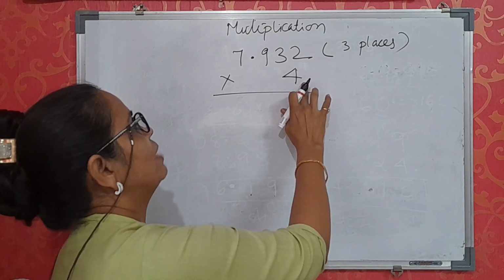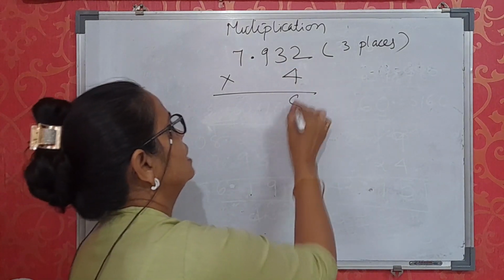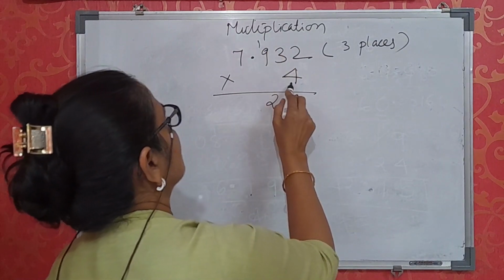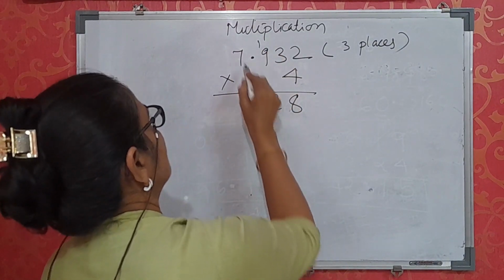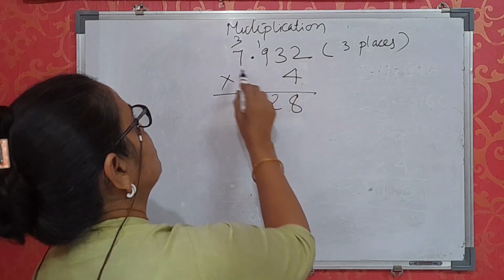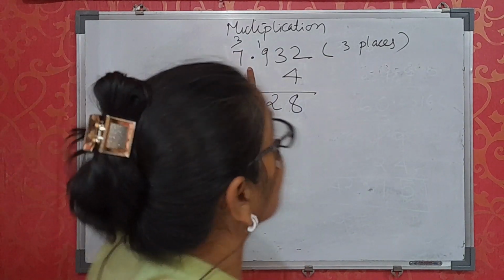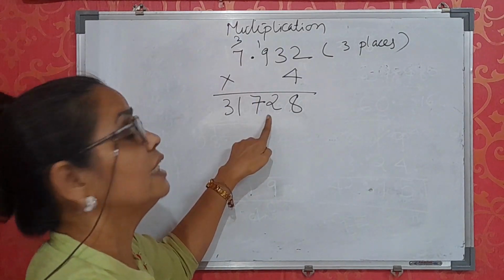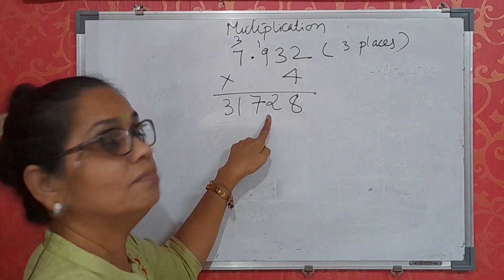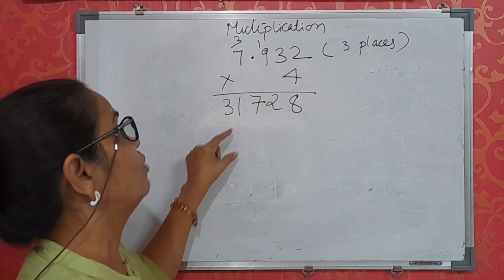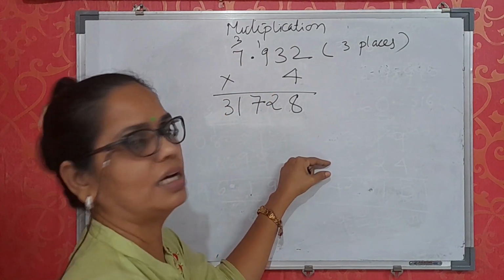Now do the simple multiplication. 2 4s are 8, 3 4s are 12, 1 carry forward, 9 4s are 36 plus 1, 37, 7 carry forward, 7 4s are 28 plus 3, 31. Now here we are not putting the decimal point in advance because your answer will come different in multiplication. If there are 2 digits, you have to add, then finally you have to put the decimal point.